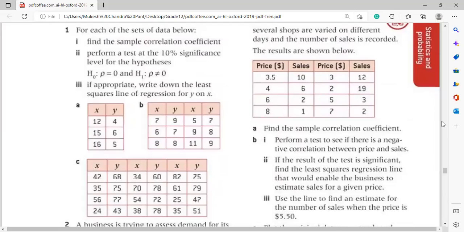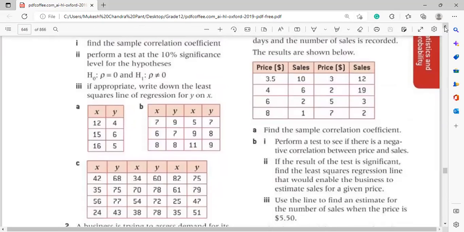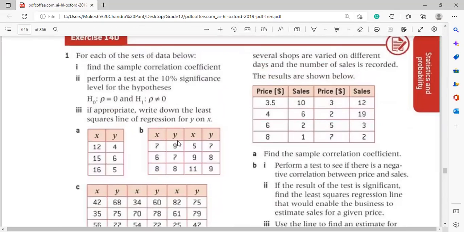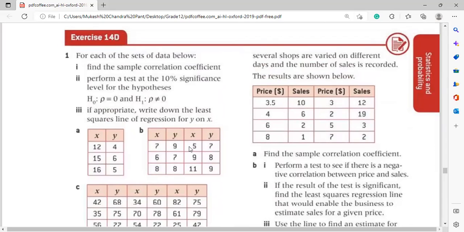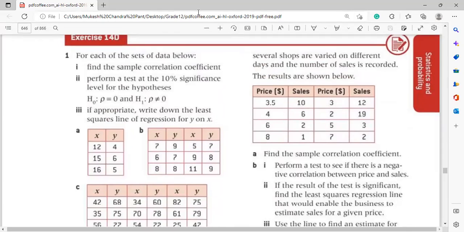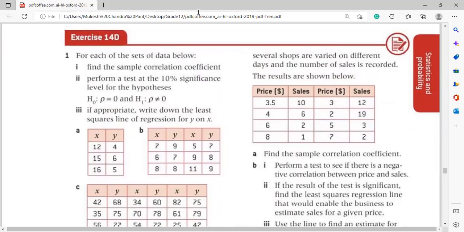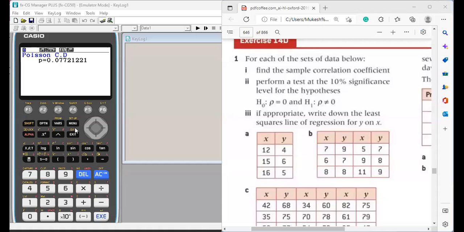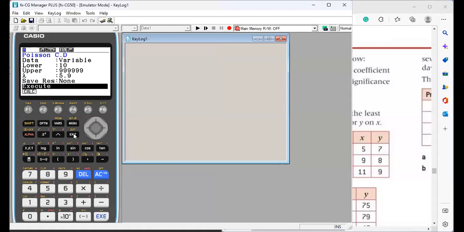Like question number 1, which we discussed, you can see we have this data, and I'll tell you how to perform this on your GTC. So I'm going to share the GTC with you. You can see your calculator on screen.